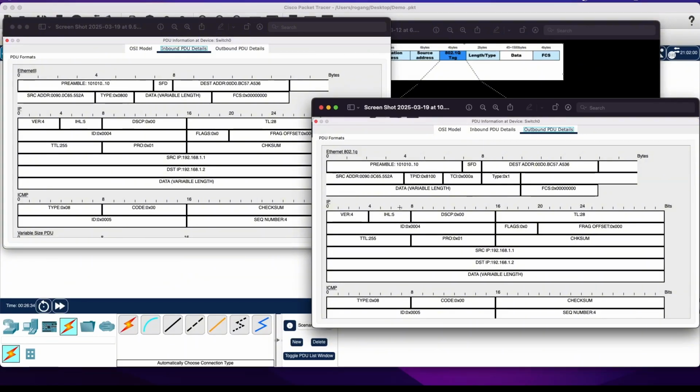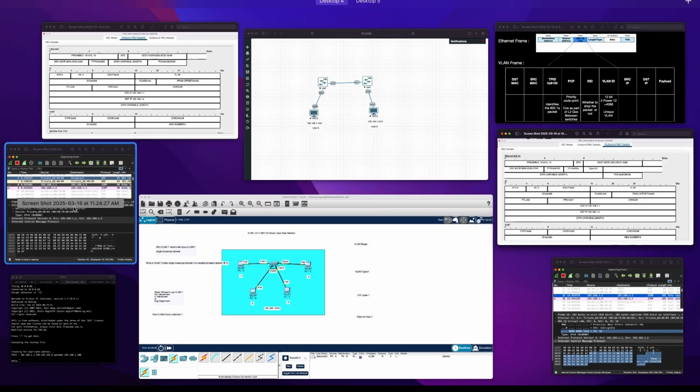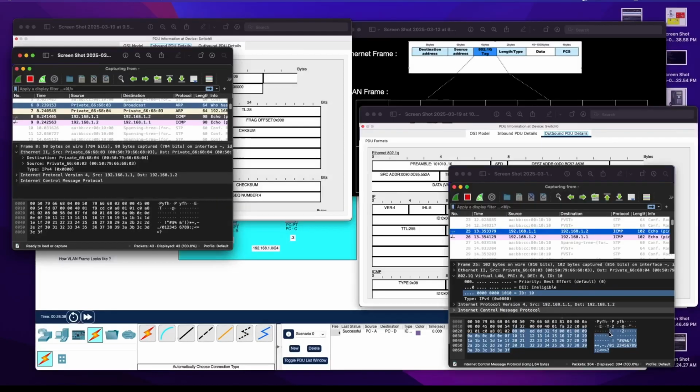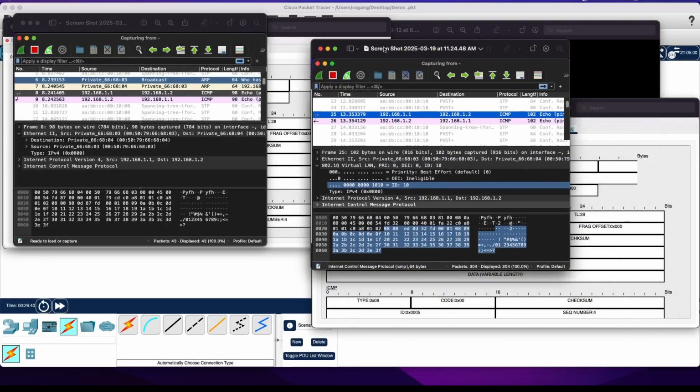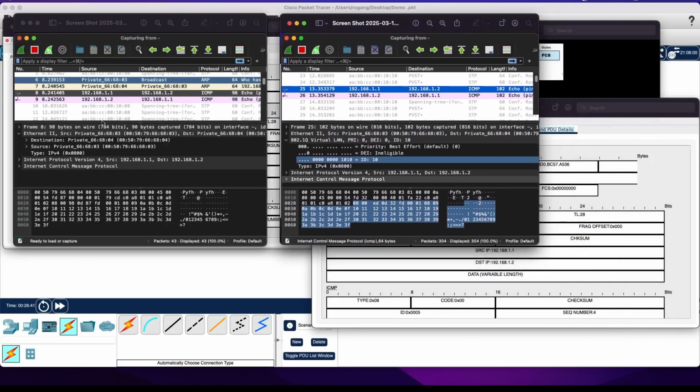I also captured some packets in EVE-NG in case you're curious how it looks there. This is the normal Ethernet frame that I captured on the left side. It doesn't have any 802.1Q tag since it's just an Ethernet frame. On the right-hand side, we can see the 802.1Q virtual LAN frame. So this is how it looks in Cisco Packet Tracer and also in EVE-NG.